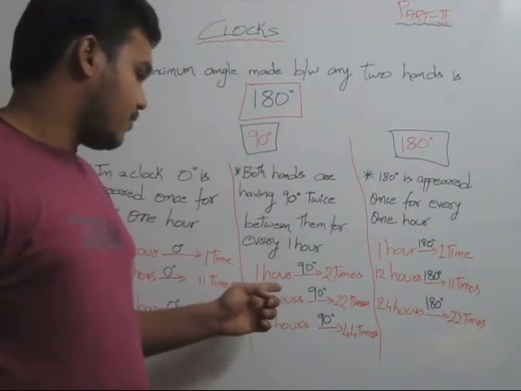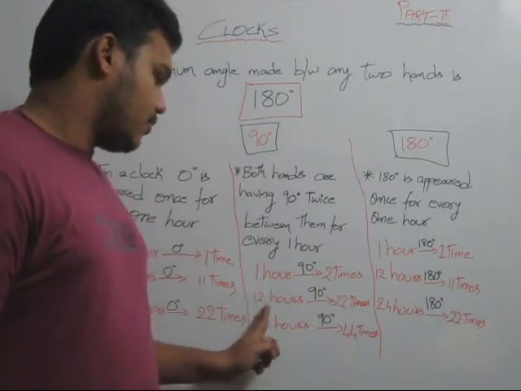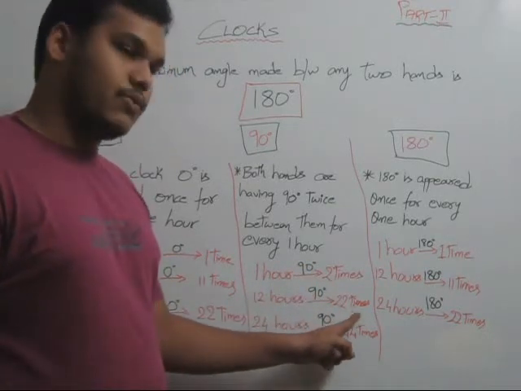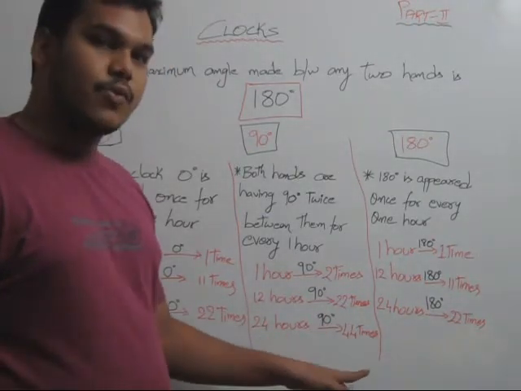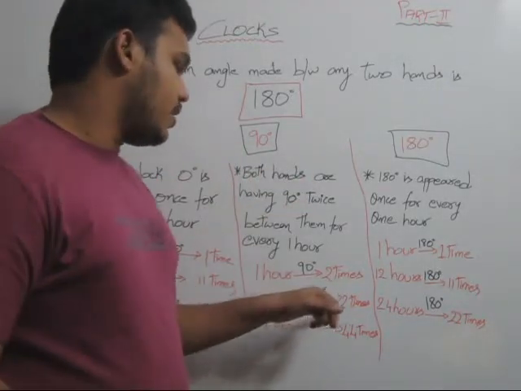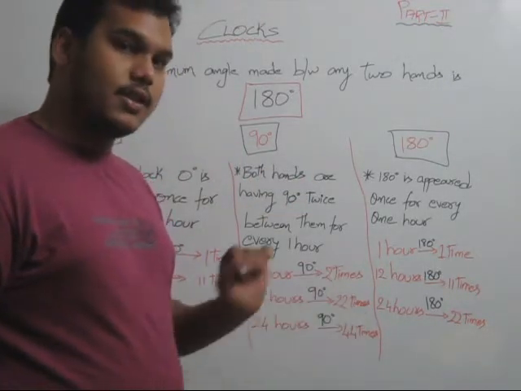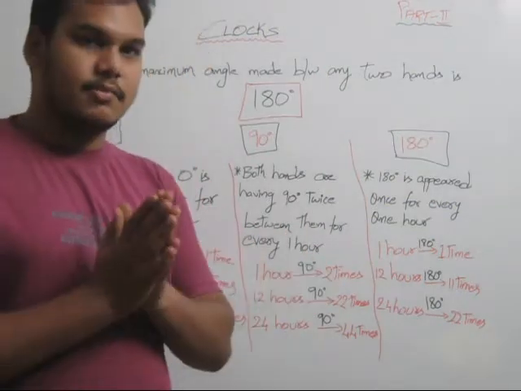For 1 hour 90 degrees appears twice, for 12 hours 22 times, and for 24 hours 44 times. So here also 90 degrees is missing twice. I'll tell at what time these 90 degrees are missing.